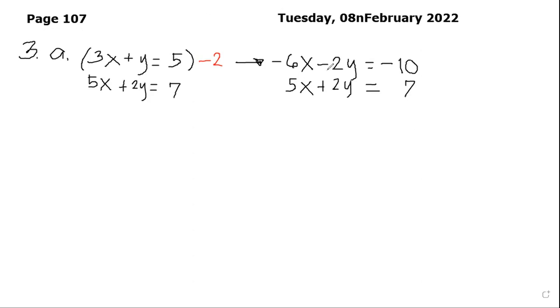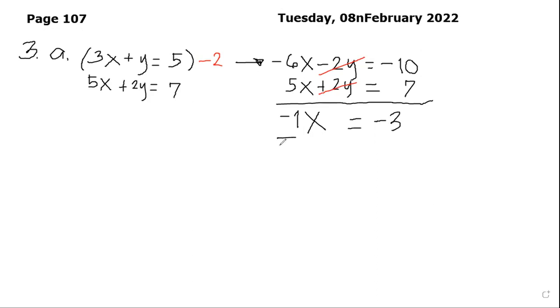Y. All right, we can eliminate -2y and positive 2y. Combine -6x and 5x, it will be -1x, right? Equals -10 plus 7, which equals -3.